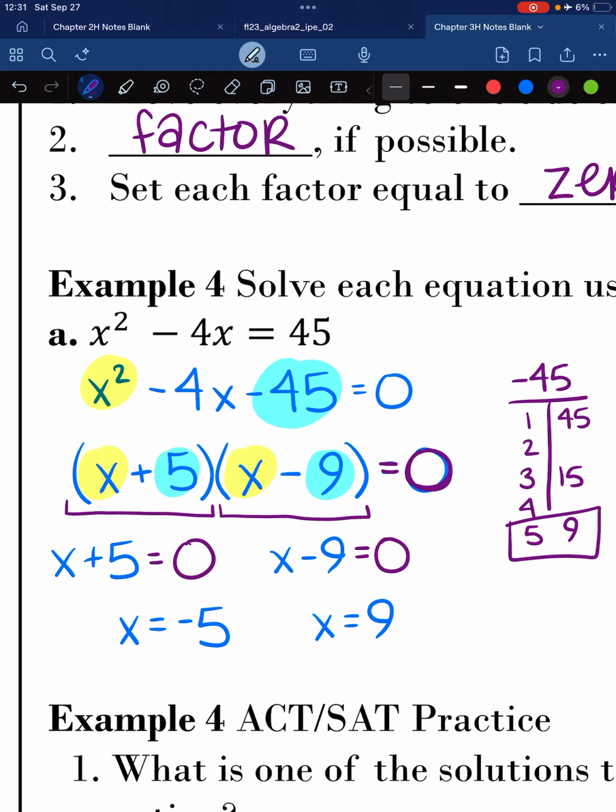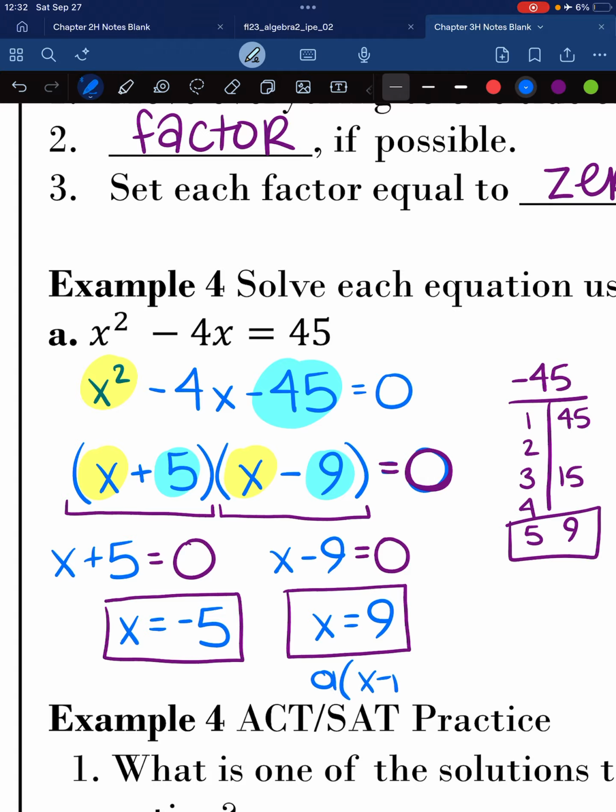So we have already talked about the fact that this is really putting a quadratic into what we would consider factored form, also called intercept form. And we know that those intercepts always have the opposite value, right? So I'm talking about the form of a quadratic that looks like this: a times x minus m times x minus n, right?